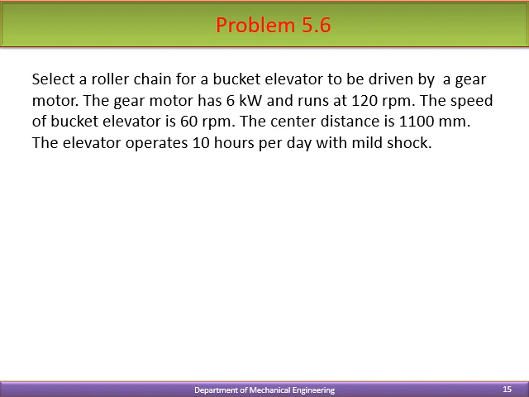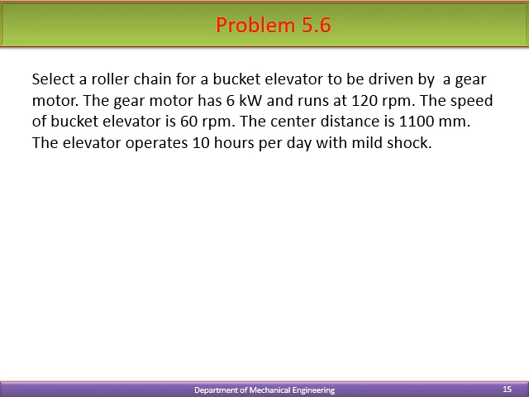First of all we have to identify the given data. Power is given as 6 kilowatt. Then the speed N1 is given as 120 rpm, N2 is 60 rpm. The center distance is given, C1 is equal to 1100 mm.